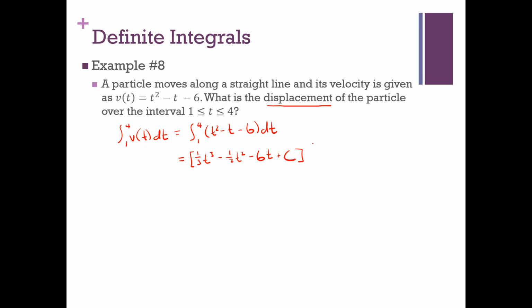Do I need the plus c though? For a definite integral, I know that whatever constant I assign to this is going to end up getting annihilated as I subtract it. So now evaluate this from 1 to 4. I got 1/3 times 64, this 1/2 times 16 minus 24, minus the expression evaluated at 1.